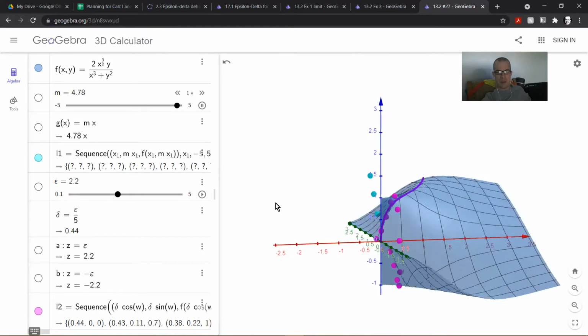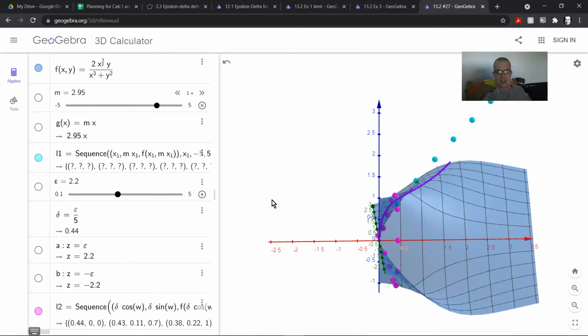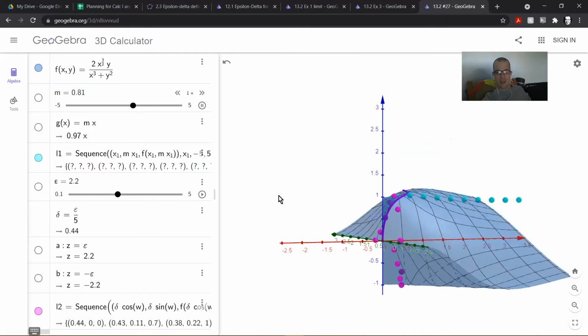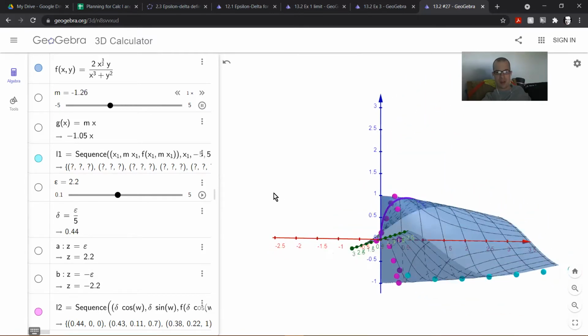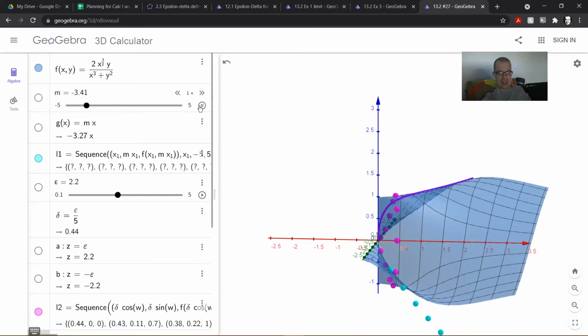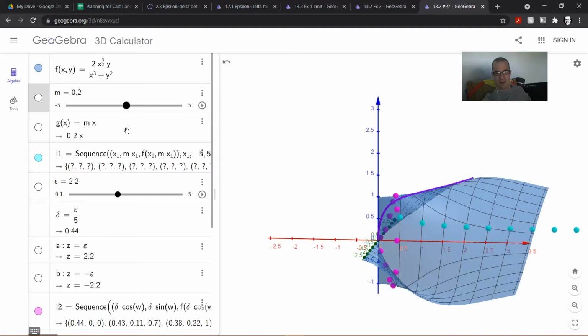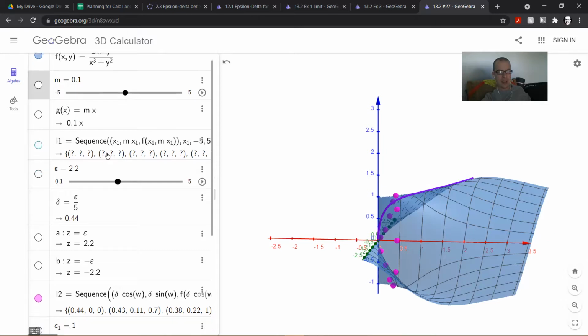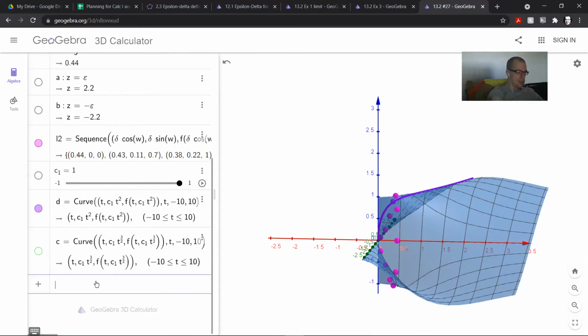I guess there's a bunch of points. We could make it a space curve as well. Yeah, let's make it a space curve because we don't see the kind of tail end behavior when we've got all these discrete points. I was using the sequence function for that. Let's go ahead and make a space curve real quick. Curve.